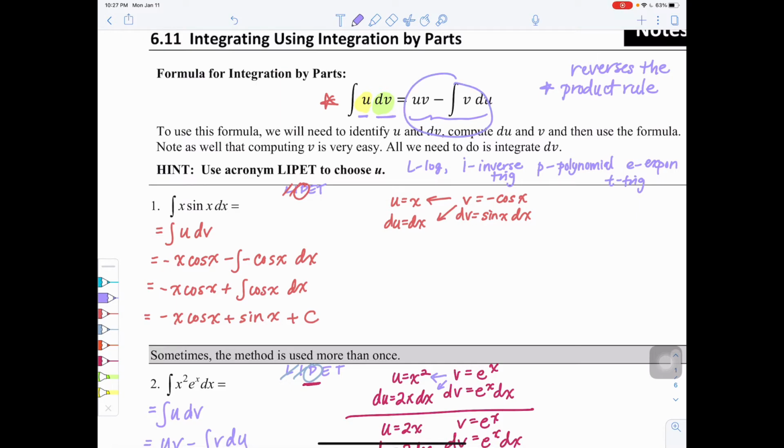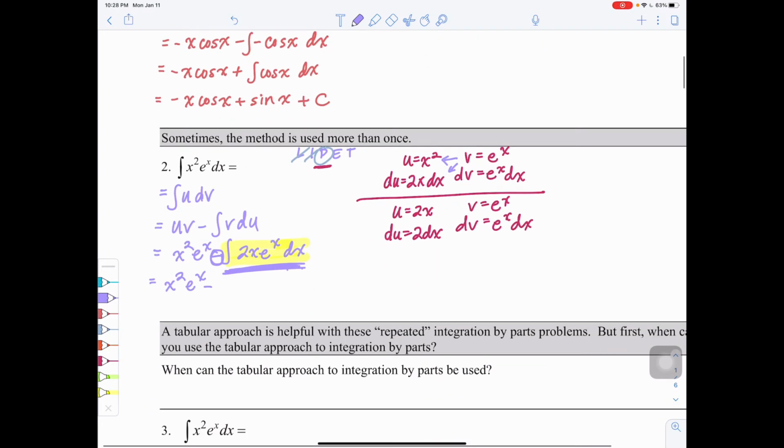So we are going to be subtracting all of this. Extremely important to remember those parentheses. So minus, let's just write the formula, uv minus the integral of v du. There's no problem with writing that formula.